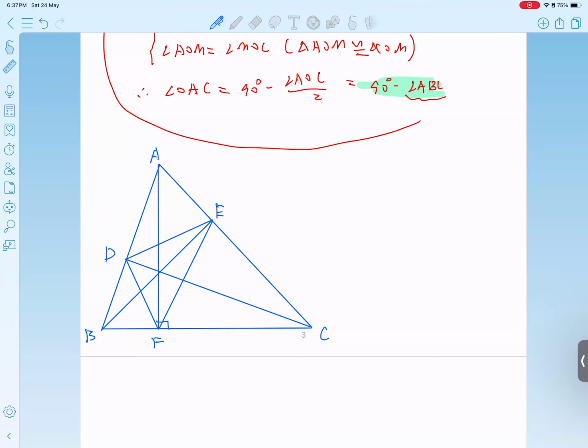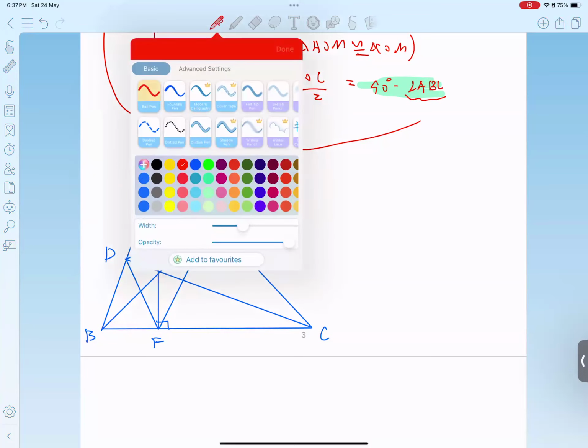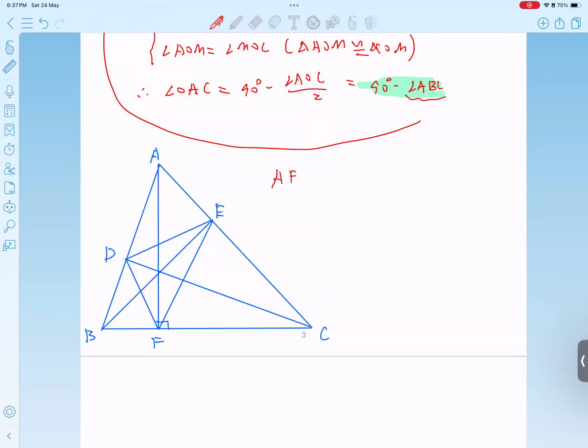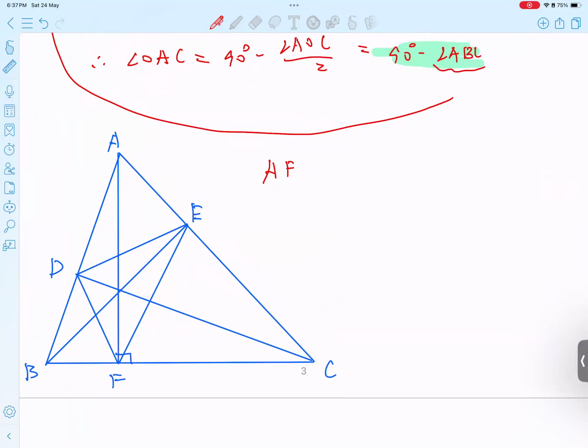So essentially, we just have to prove that AF bisects angle DFE. Sorry, I labeled the points wrongly. That's fine.